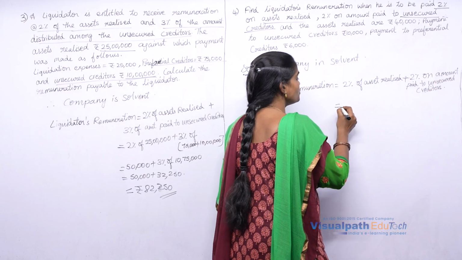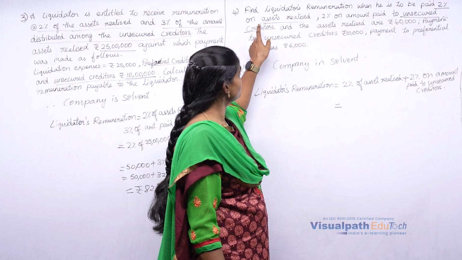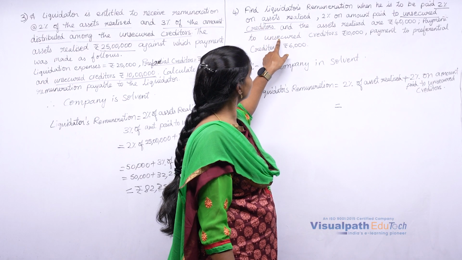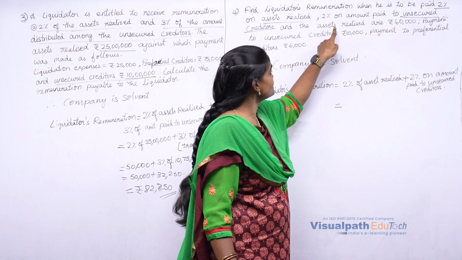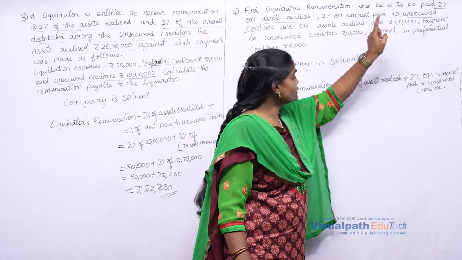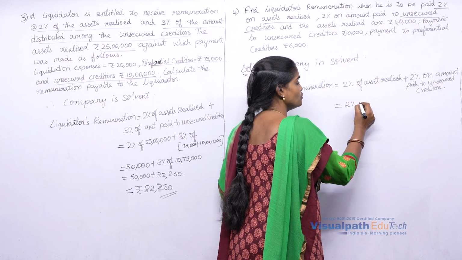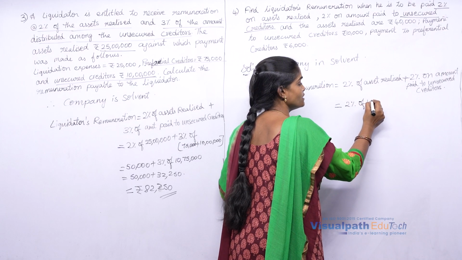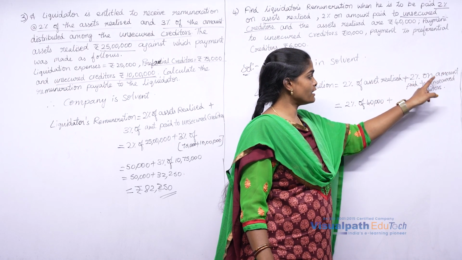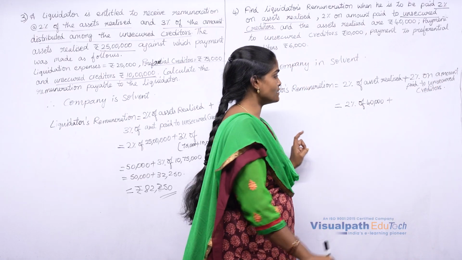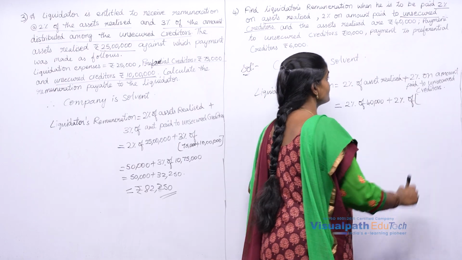Okay. Now 2% of asset realized. How much is asset realized here? Assets realized is given as 40,000. So 2% on assets realized, 2% of 40,000, plus 2% on amount paid to unsecured creditors.